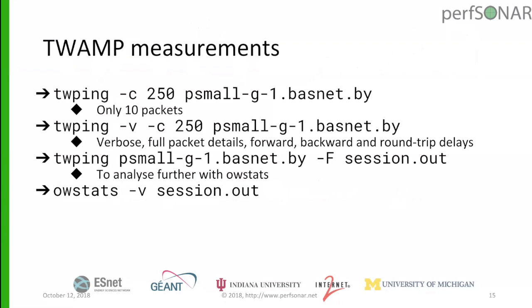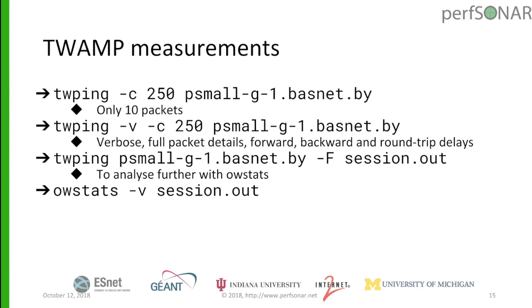If you're familiar with OWPing, those commands should be fairly straightforward because it's really the same kind of interface and the same switches that are used with TWPing and OWPing.